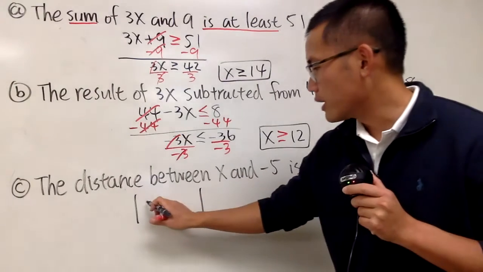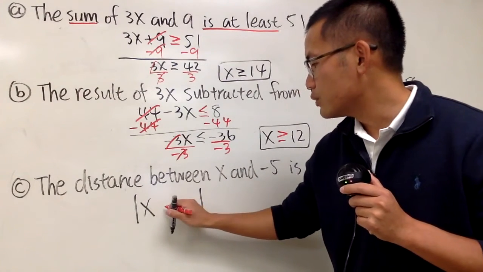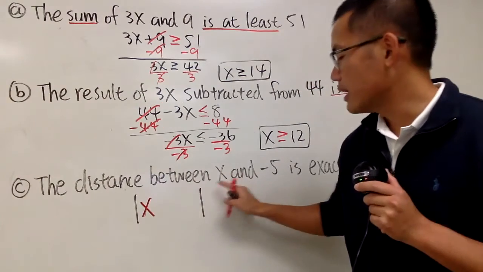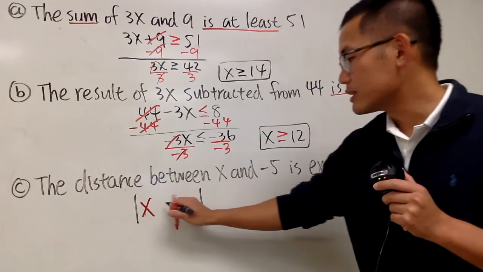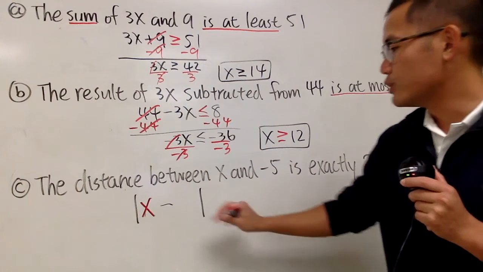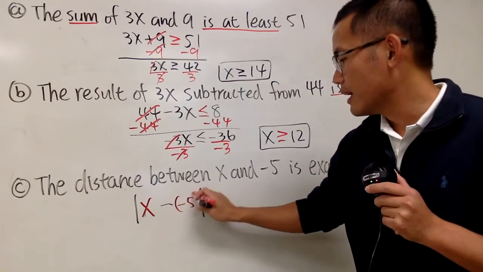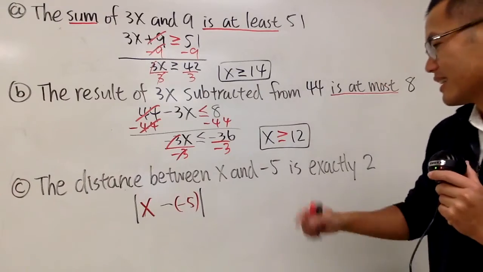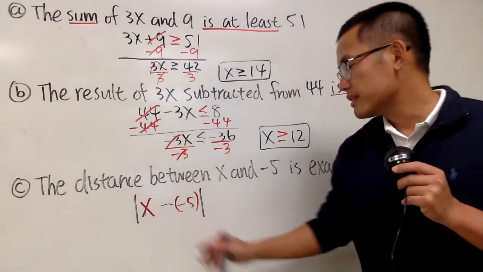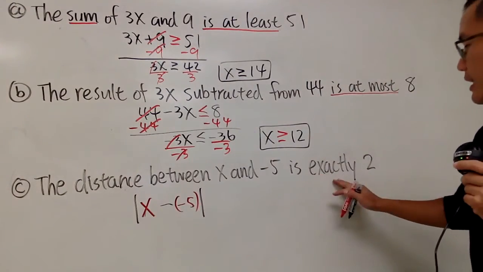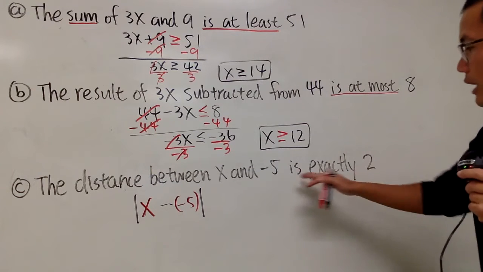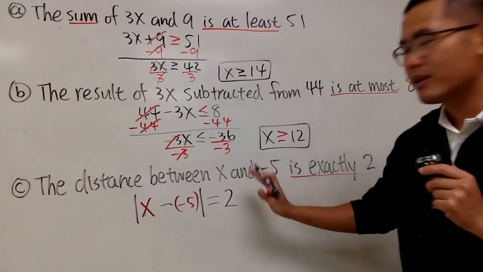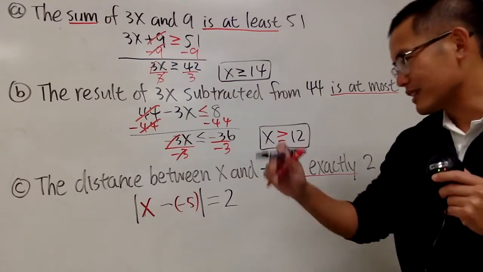So first you put down the x in red, and then we are going to subtract the other number, which is negative 5. And yes, minus minus becomes a positive, and we'll do that in a second. So this right here is a setup, and then it says is exactly 2, and this right here is just the straight equal sign, straightforward, no inequality, just like that.